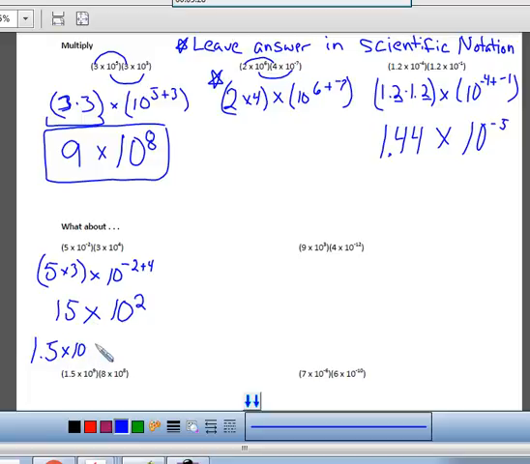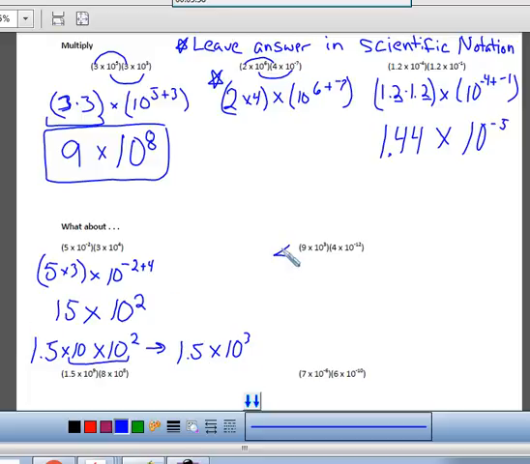And then I still have times 10 to the second power. So now if I combine these two, I end up with 1.5 times 10 to the third power. Some students just say, well, I'd rather just move the decimal over 1 and change the exponent. If you can remember that, that's fine. If you can't, then try my strategy.